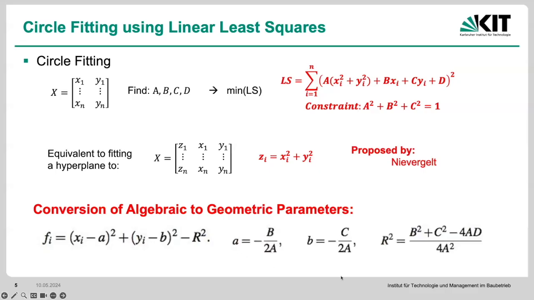By basically employing this, which is a simple substitution. So a is basically the center in x, b is the center in y, and r is the radius of our circle, right?